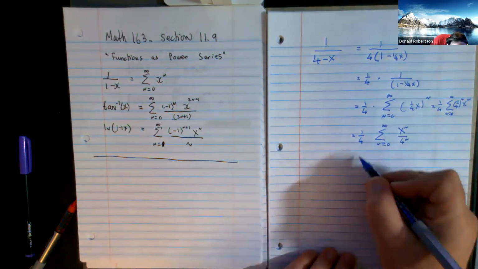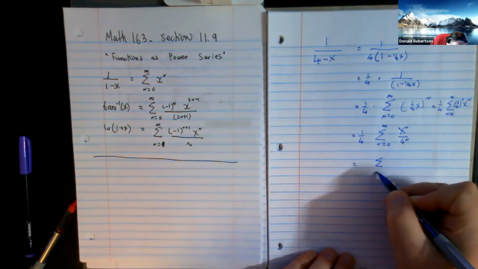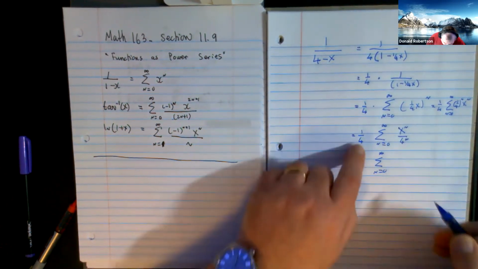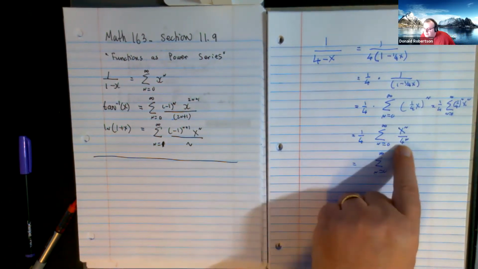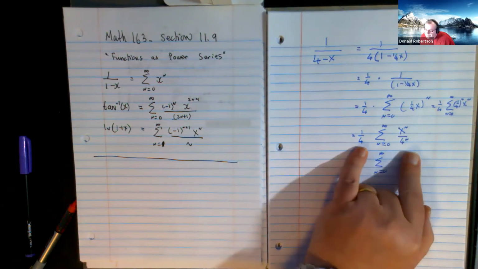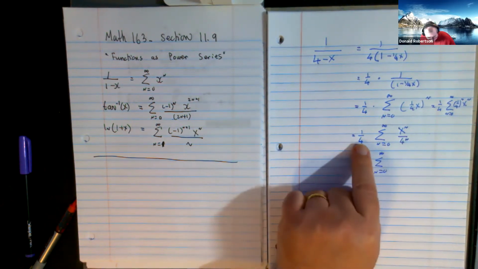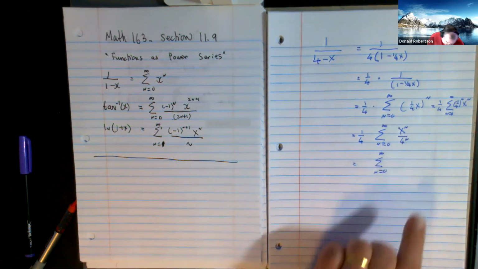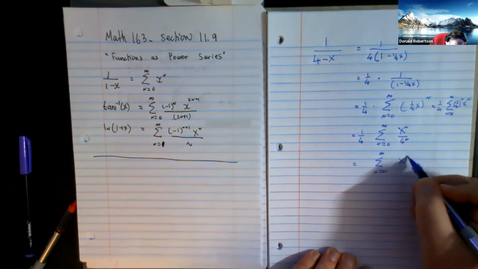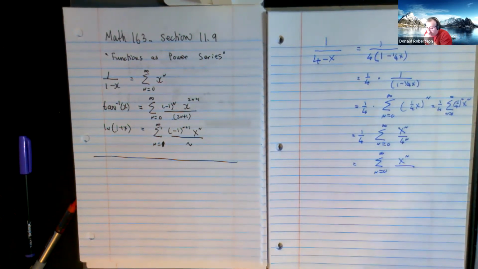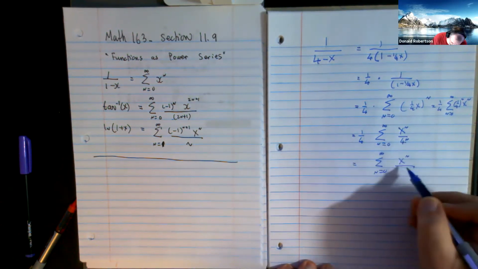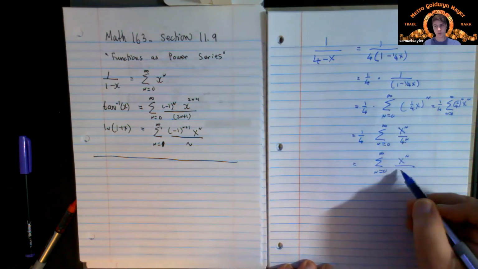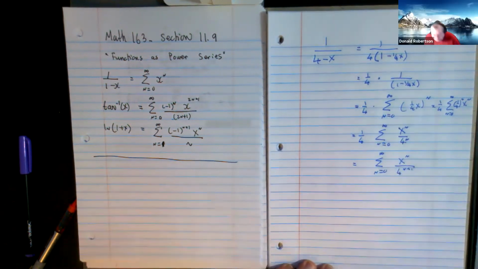Now I'm going to bring this quarter inside. Won't this quarter join up with that one? So you're going to have a 4 times a 4 to the power of n. So what does that become? 4 to the n plus 1. And we are done.